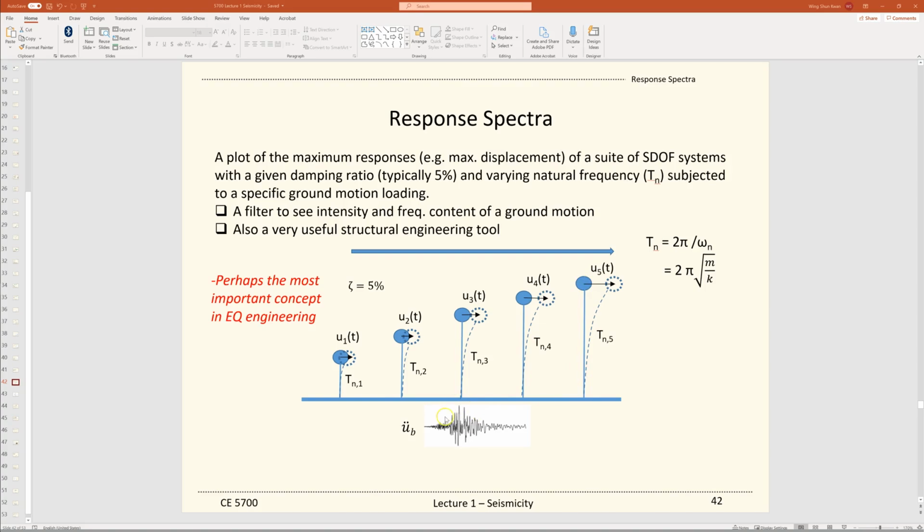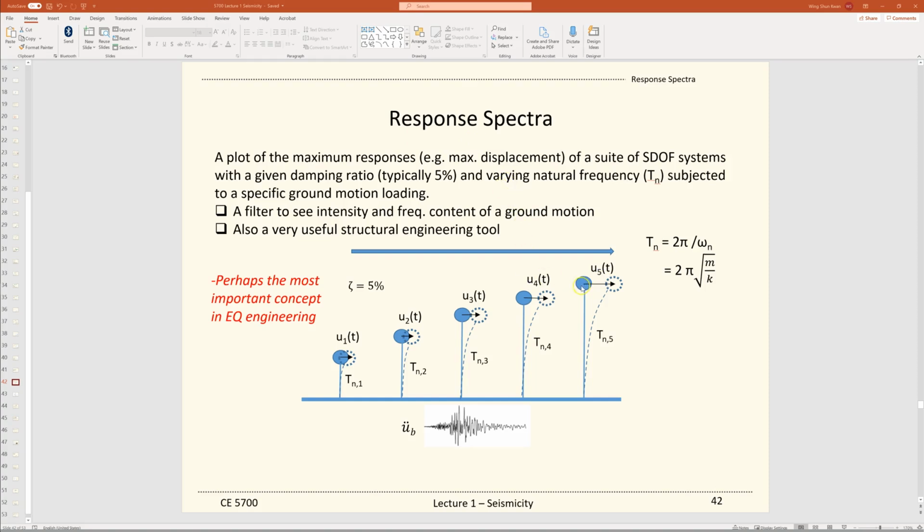When you shake under the same ground motions, or maybe just harmonic motions, you can observe that each system has different displacements, or the shaking is reflected differently on each mass. They will have different displacement responses, and that is the response spectra in terms of displacements.